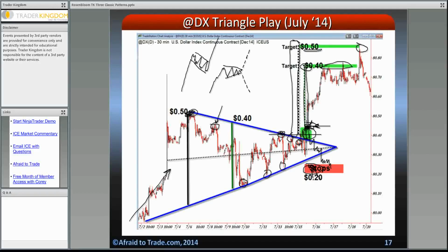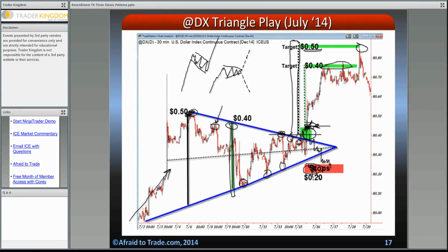That was just recently in the dollar index, and you would play holding it until it hits the upper targets. There was a question earlier about, do I pull up a stop? Sure. If this is your target and the price has gone up, in this case about 25, 30 cents, it's up to you.